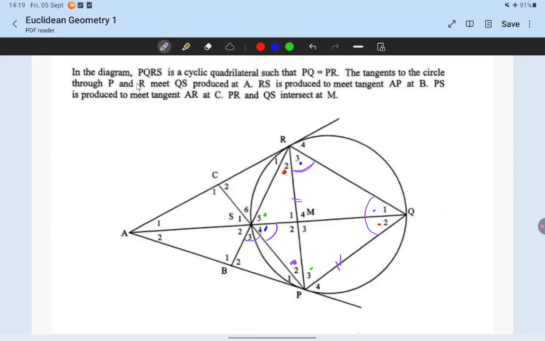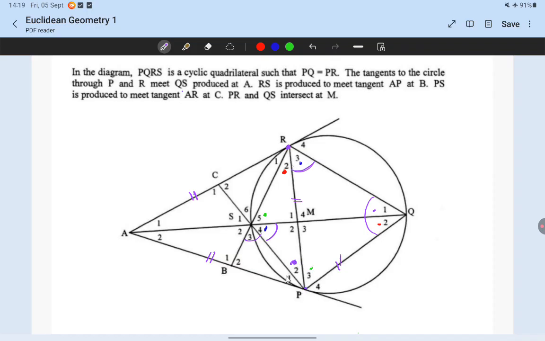The tangents to the circle through P and R meets QS produced at A. So you can see that we're having two tangents here. We're having this tangent, and also you know that tangents from the same point are equal. So it means that this line and this line are equal to this point here, right?